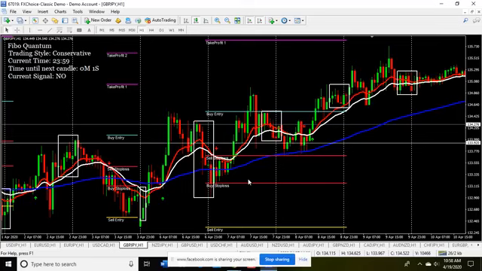Sometimes you may not be able to take these trades because of the number of pips you have to risk. If you have less money in your trading account, you may only be able to take the trades where the initial pip risk is like 20, 30, 40 pips. But that's all based on your trading account.